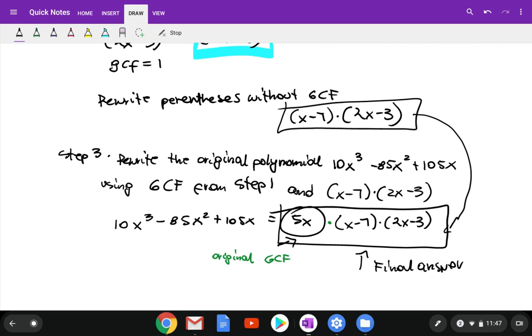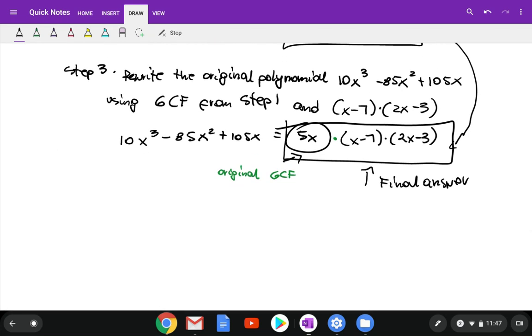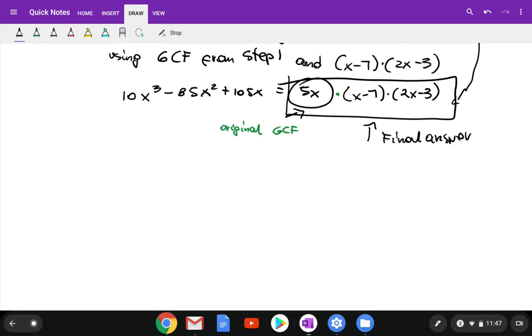Okay. Let's do more. I have 2 more examples to practice. Example B. We need to, again, factor 9y to the third power minus 30y squared plus 24y.